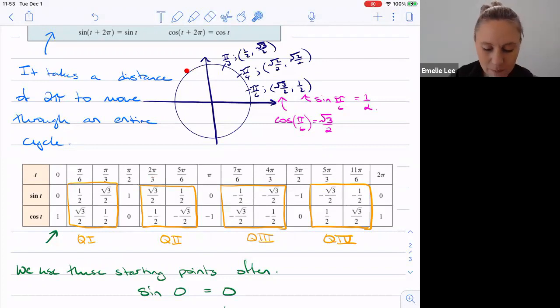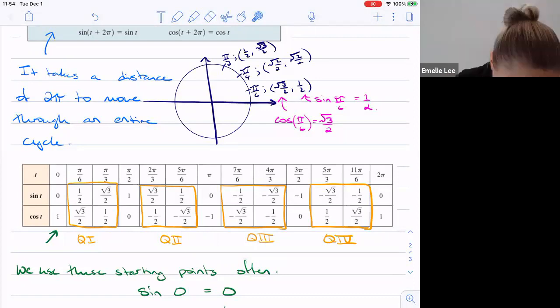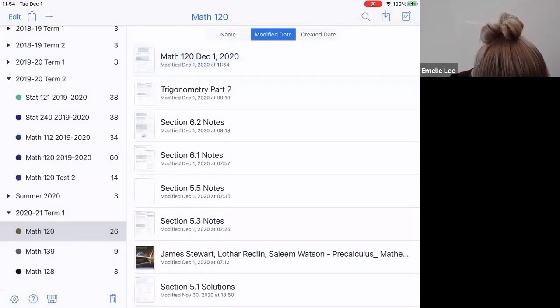So the sine, which is your y, would be, now this is just being flipped over here. So it's negative 1/2, root 3 over 2. So you can work through the circle with these ones that you know, and just flip them. In fact, I've got a nice, easy graphic.